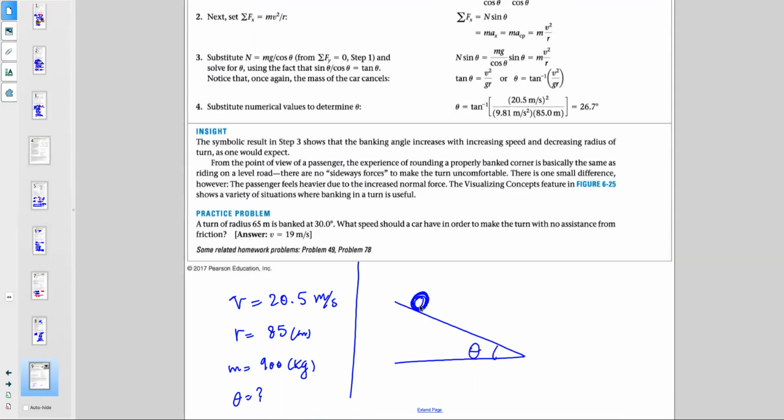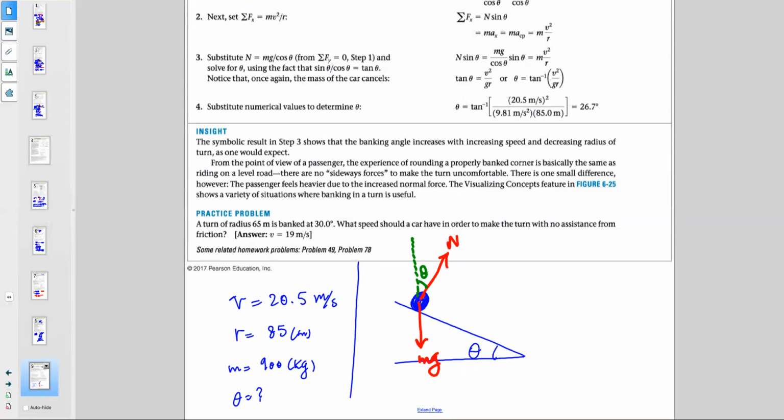I have my car staying right there, okay? So I have N and I have mg. And by the way, this is the same angle, so this is theta as well. Let me make the N a little bit bigger. So this is N.